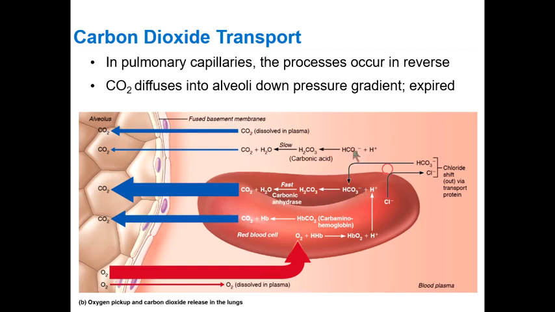The bicarbonate ion will join up with a hydrogen ion to make carbonic acid and then break up into its parts, carbon dioxide and water. Water will remain in the plasma, carbon dioxide will leave. That's the slow method in the plasma. Of course, we have our enzyme in the red blood cells where bicarbonate ion will join up with its hydrogen ion to form carbonic acid and then quickly get converted to carbon dioxide and water, with the carbon dioxide diffusing into the alveolus so it can be eliminated.